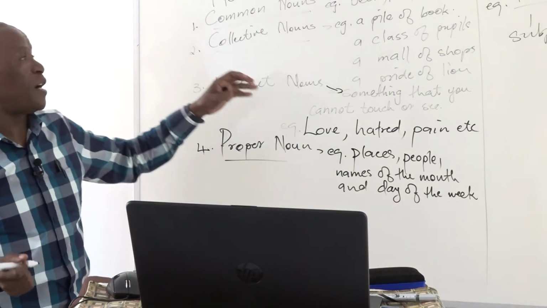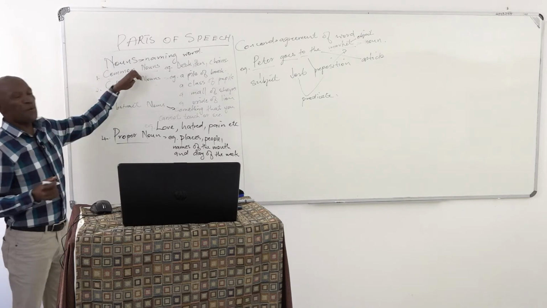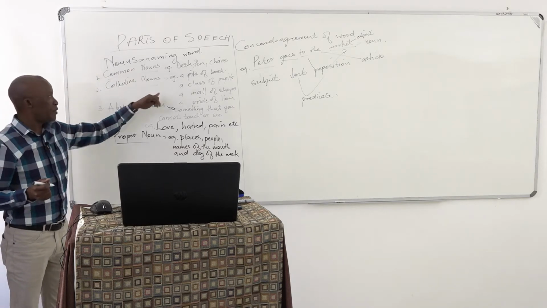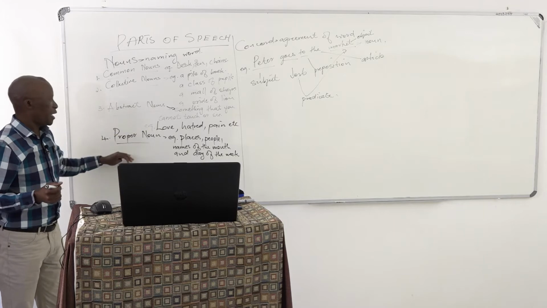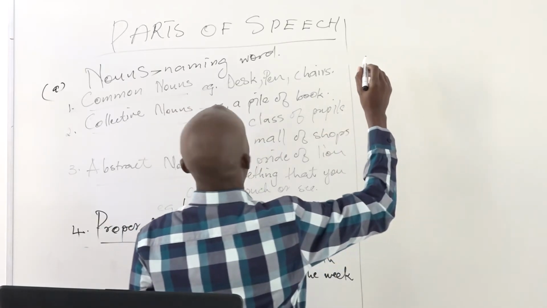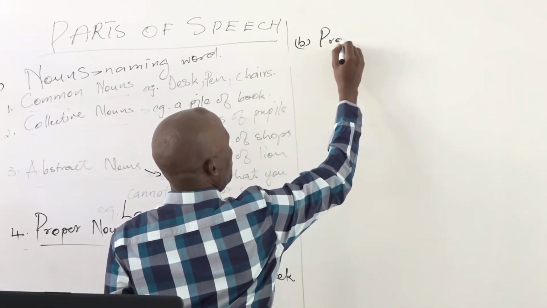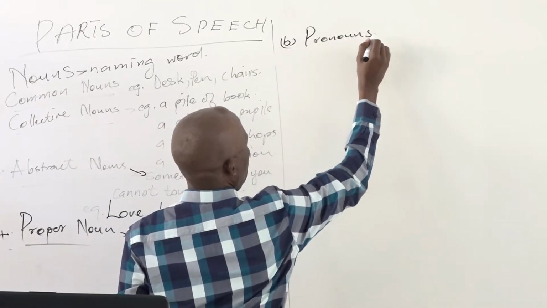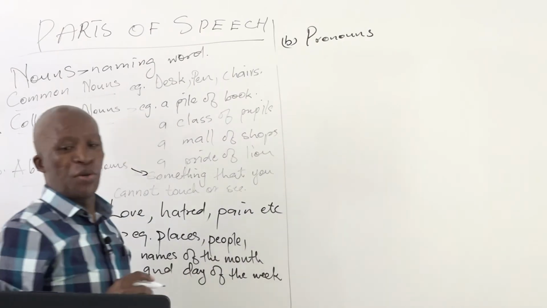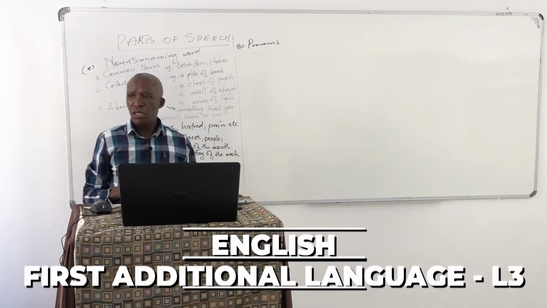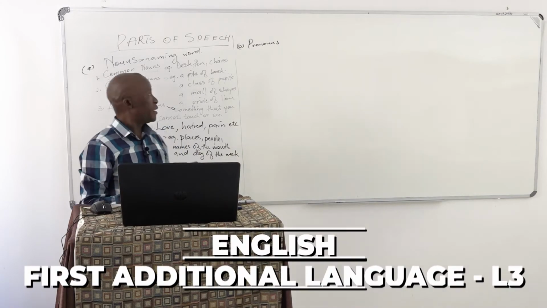So far, under nouns, we've got common nouns, collective nouns, abstract nouns, and proper nouns. Another example of parts of speech is pronouns. Now, pronouns simply refer to the names that stand for the noun.